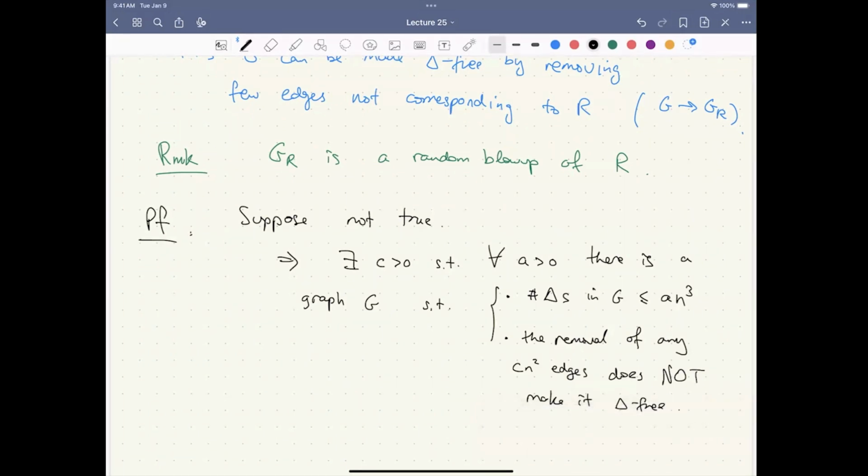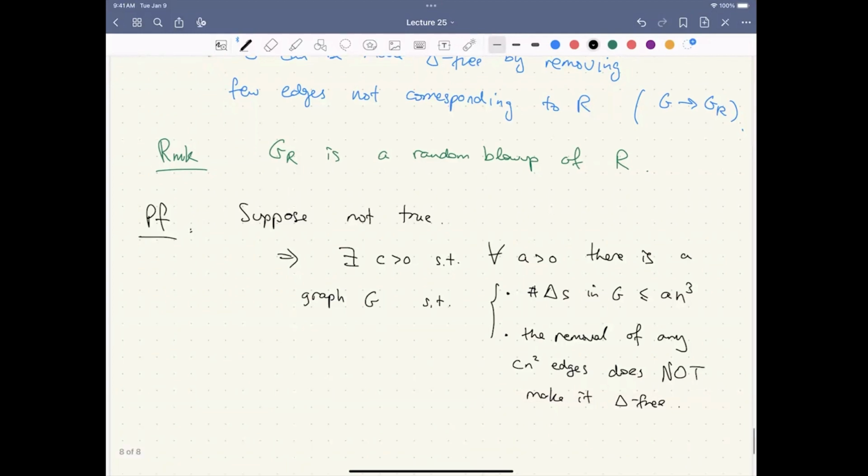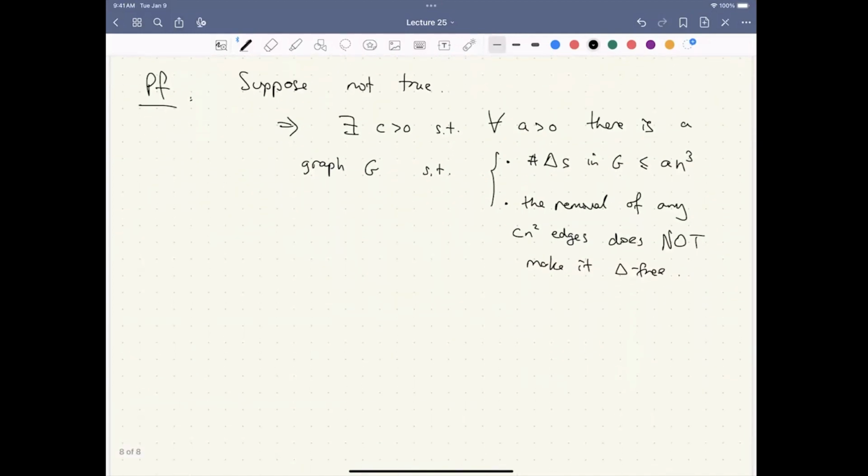This is the opposite of the conclusion we want to prove. Suppose this is the case, we're going to derive a contradiction.